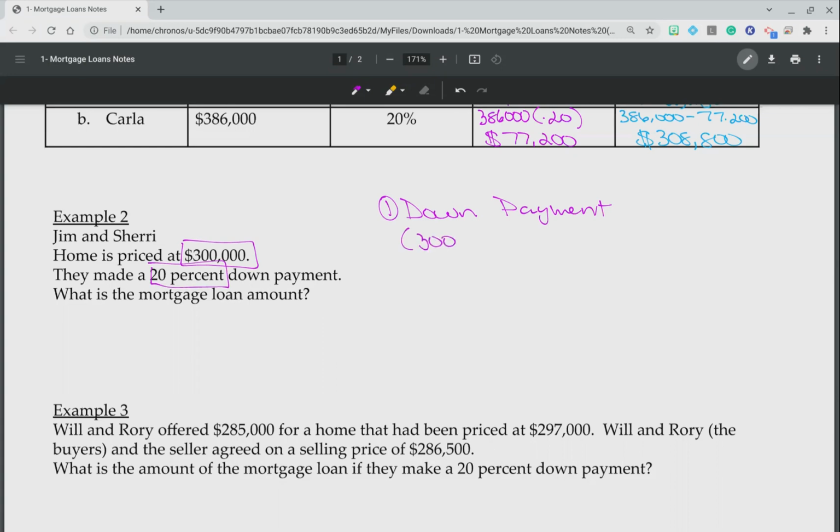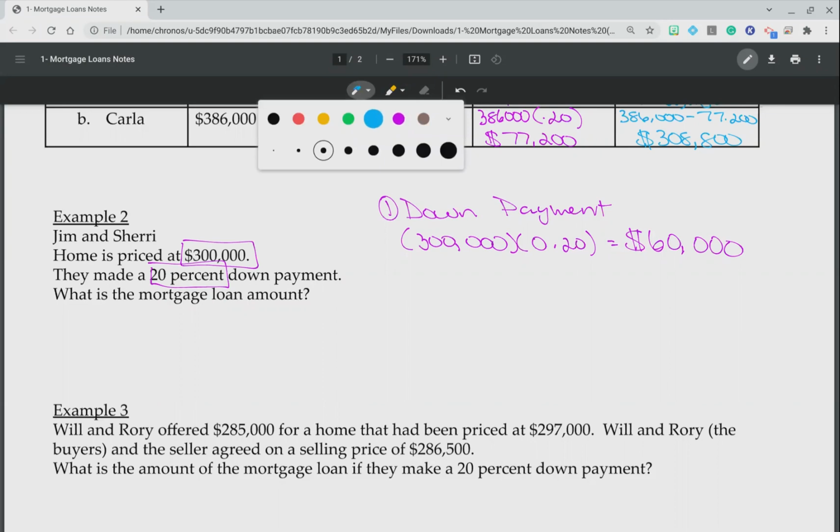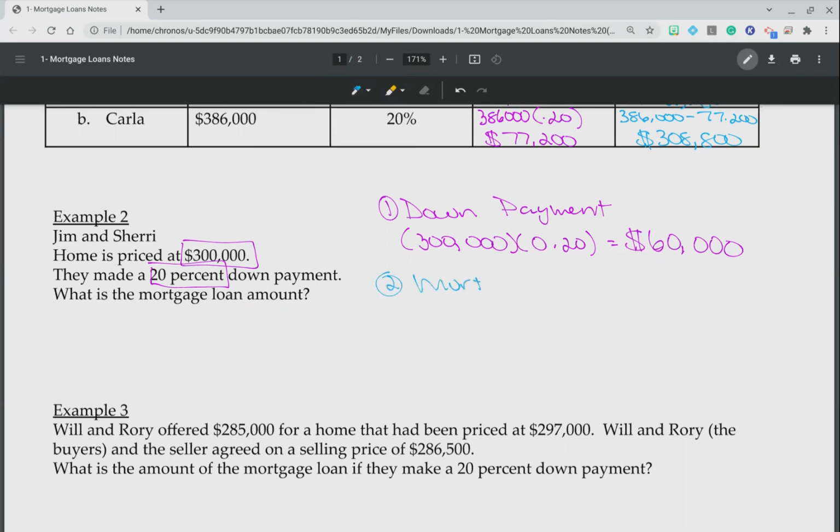So I'm going to take $300,000 and multiply it by 20%, and I get $60,000. So that's how much money they pay upfront for the house. Then to find my mortgage loan, again, all I have to do is take the selling price and subtract how much I put down on my down payment. So Jim and Sherry are taking out a mortgage loan for $240,000.